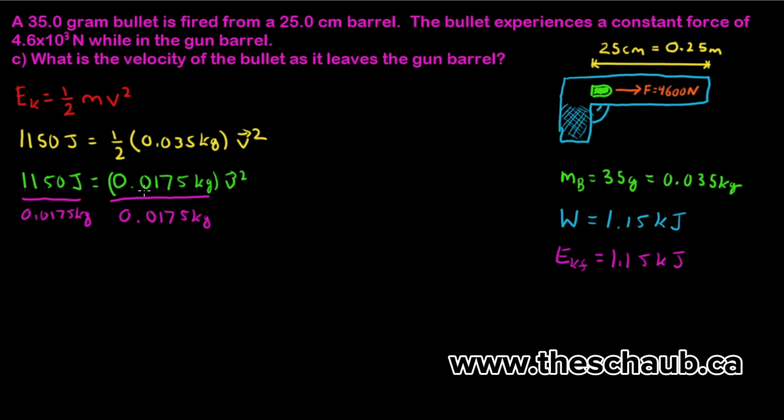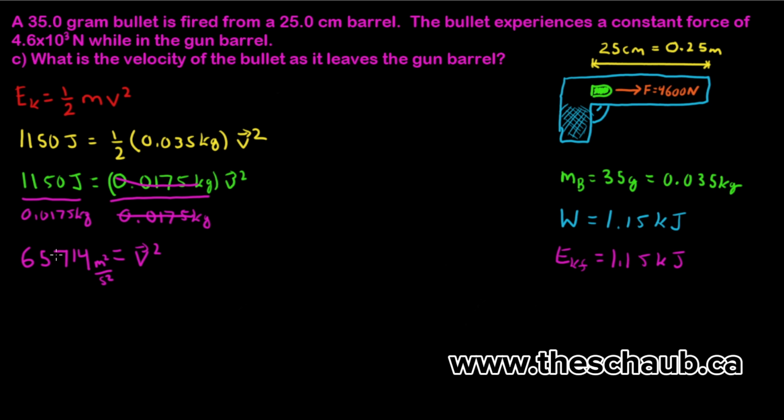So here, 0.0175 kilograms divided by itself equals 1, and we're just left with our term of velocity squared, and this is equal to 1,150 joules divided by 0.0175 kilograms, which gives us 65,714 meters squared per second squared.